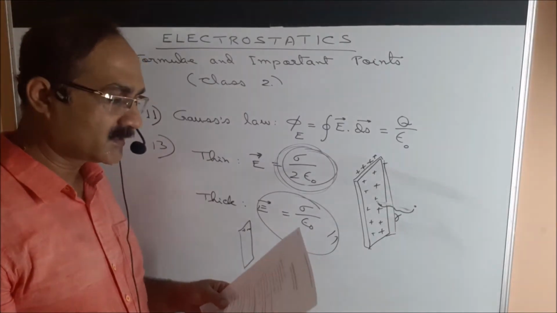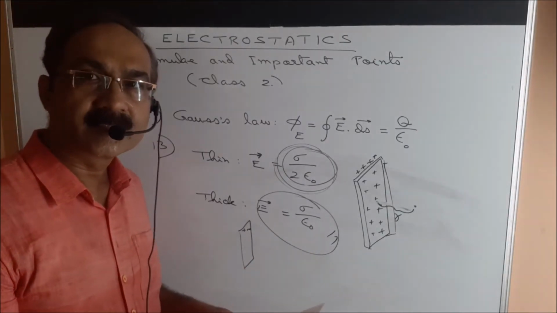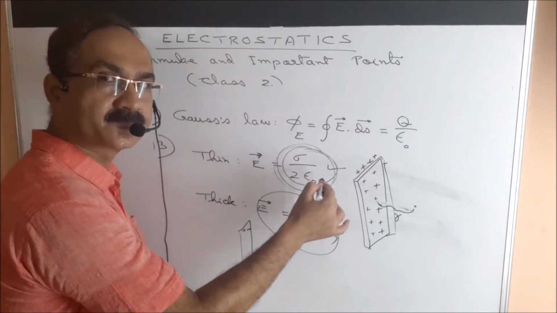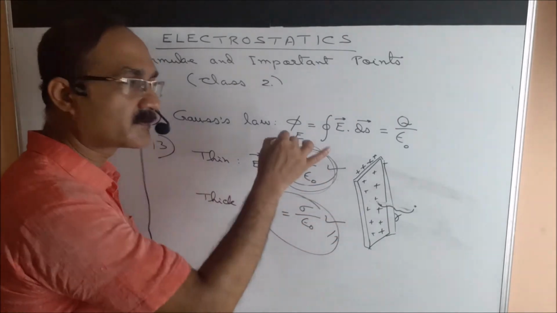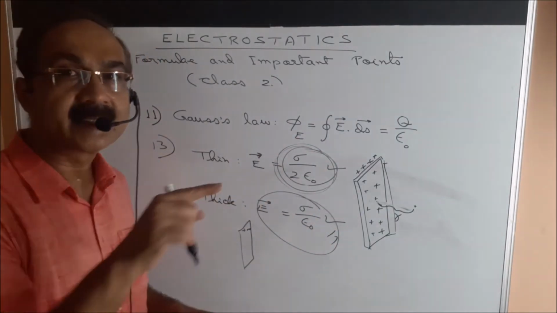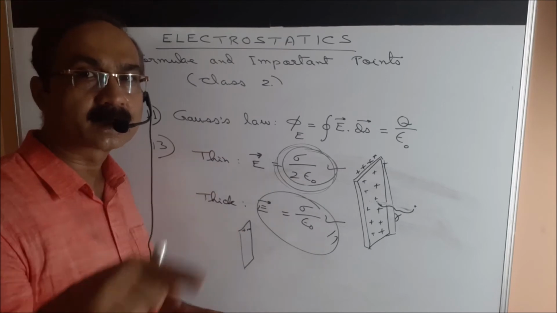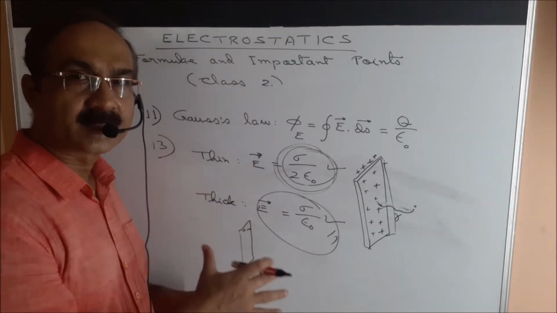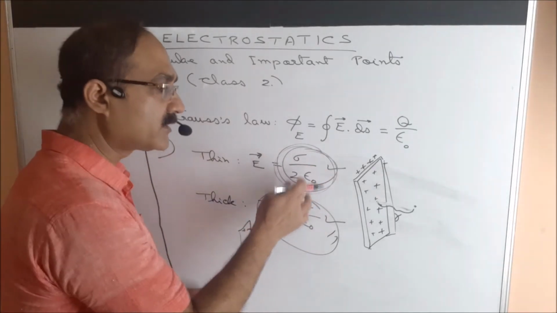Now say, for your class 12 board exam, derivation of this formula from Gauss's law, or derivation of formula number 12 for a line charge from Gauss's law, is important. The derivations are important. But for entrances, you have to memorize the formulas.